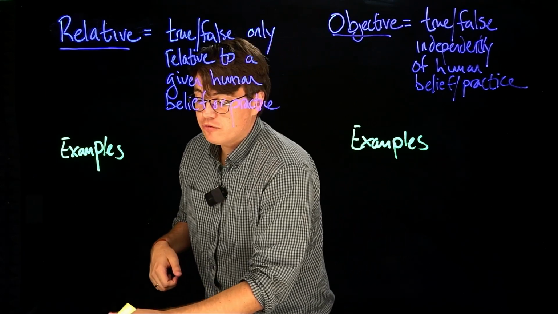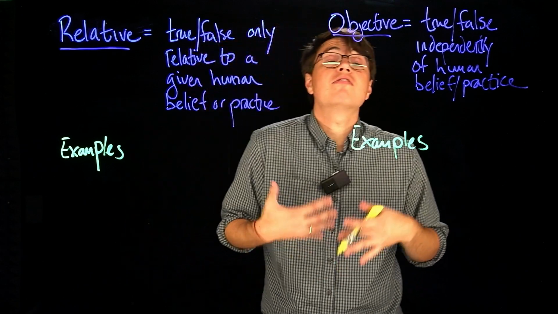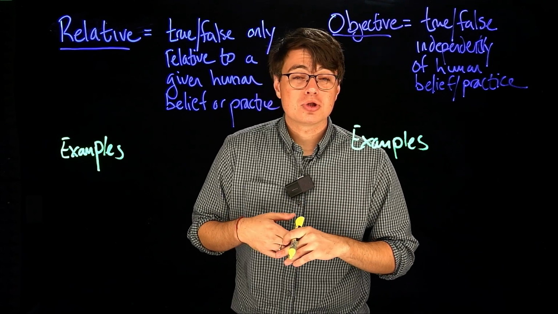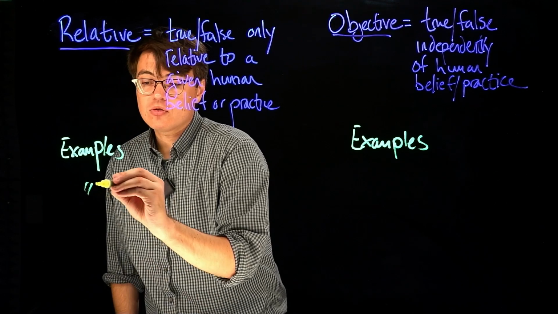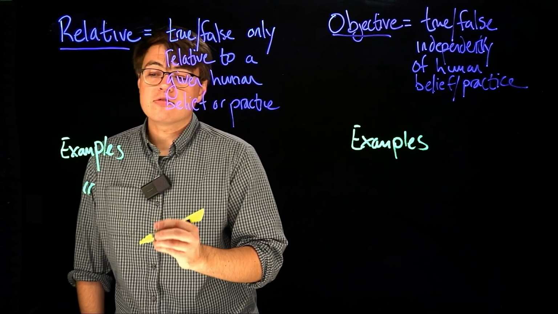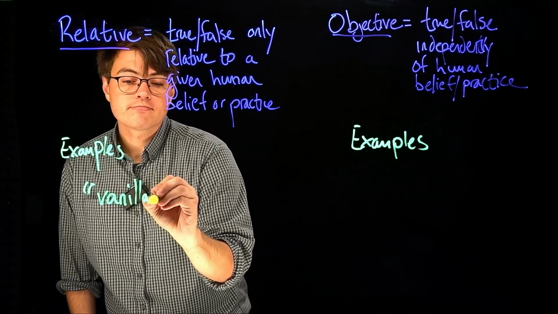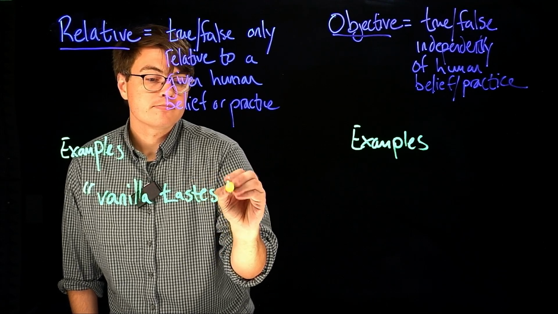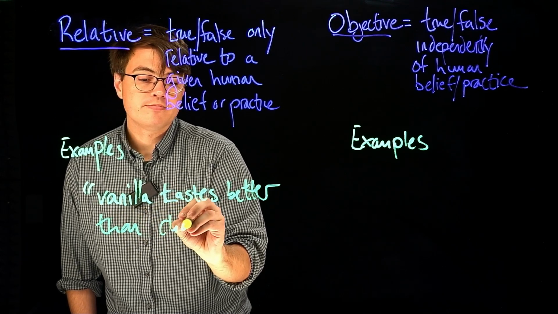Examples of relative propositions, ones that have their truth value relatively, are not hard to come by. There are uncontroversial examples of these. Matters of taste, or propositions expressing something about taste, are clear-cut examples. So: vanilla tastes better than chocolate.